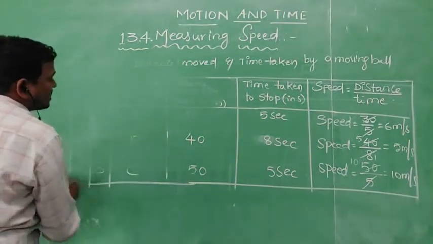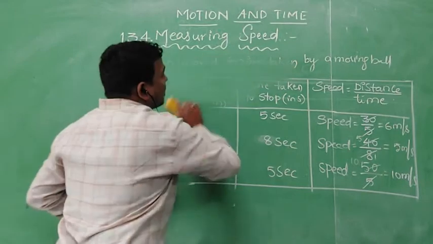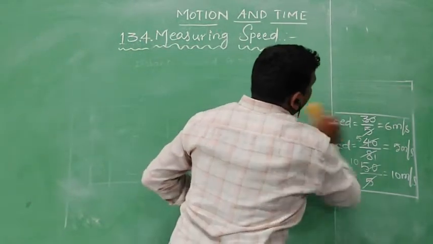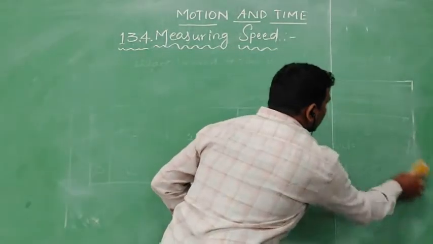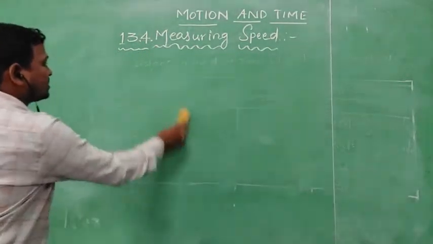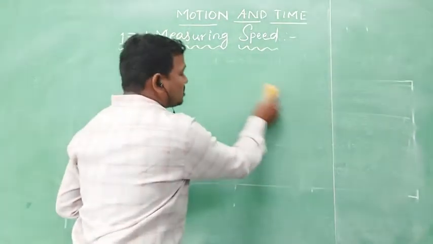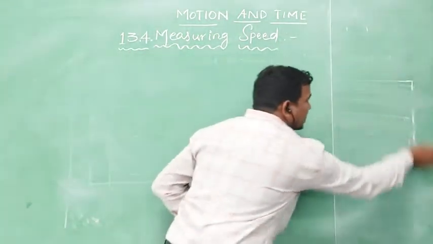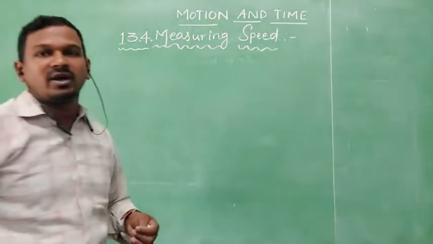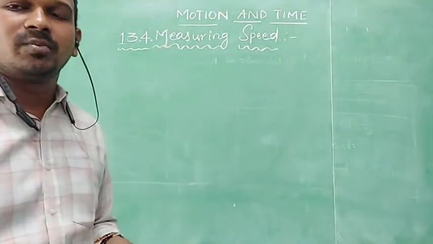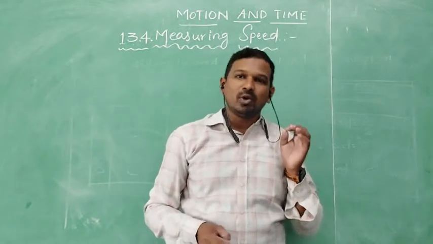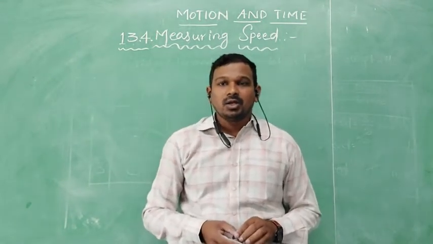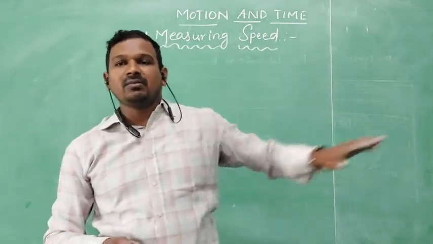Now we are going to discuss the animals and their speeds also. Here we have different types of animals and their speeds. We are going to discuss how much distance each can cover in 1 second of time or 1 hour of time. For example, a cheetah will go 120 kilometers per hour or 112 kilometers per hour.